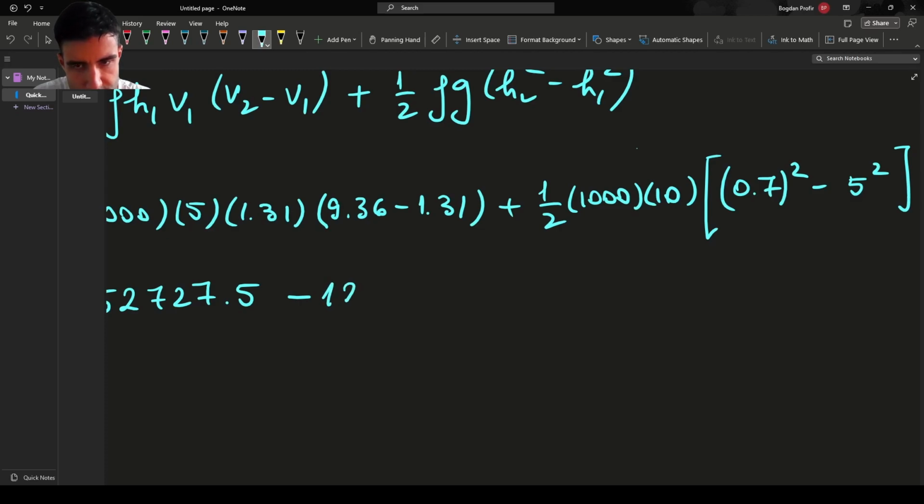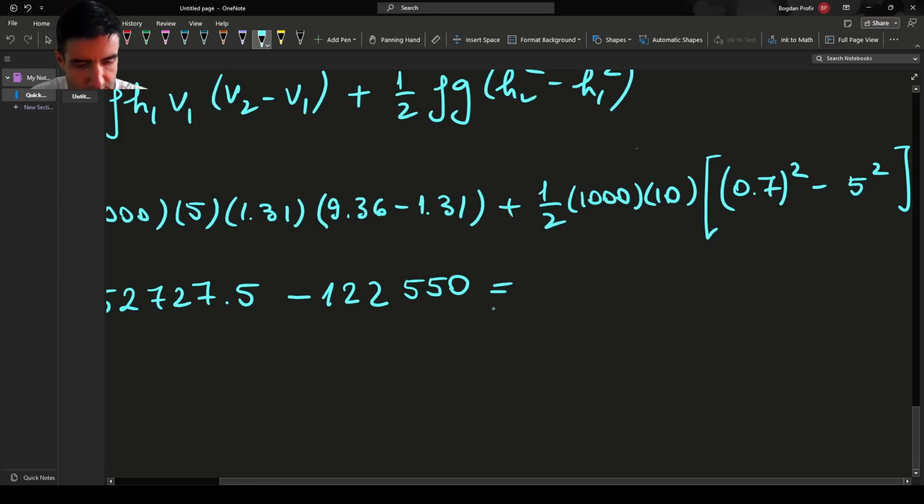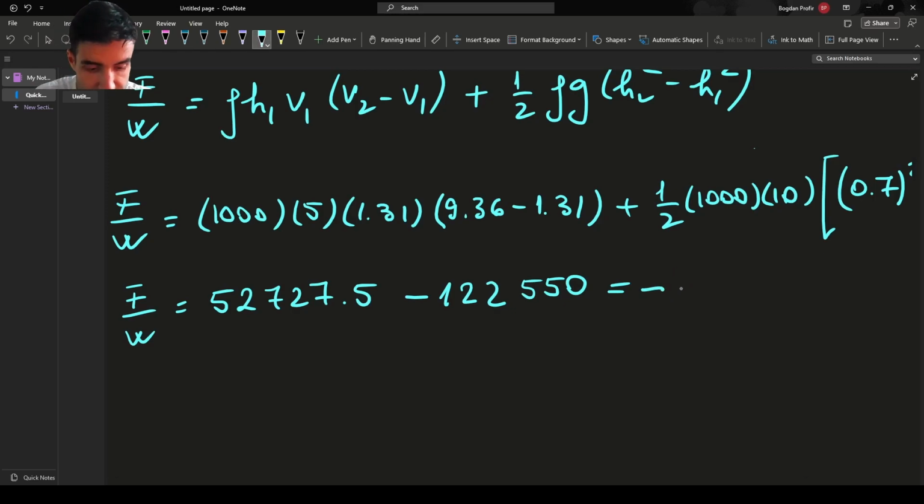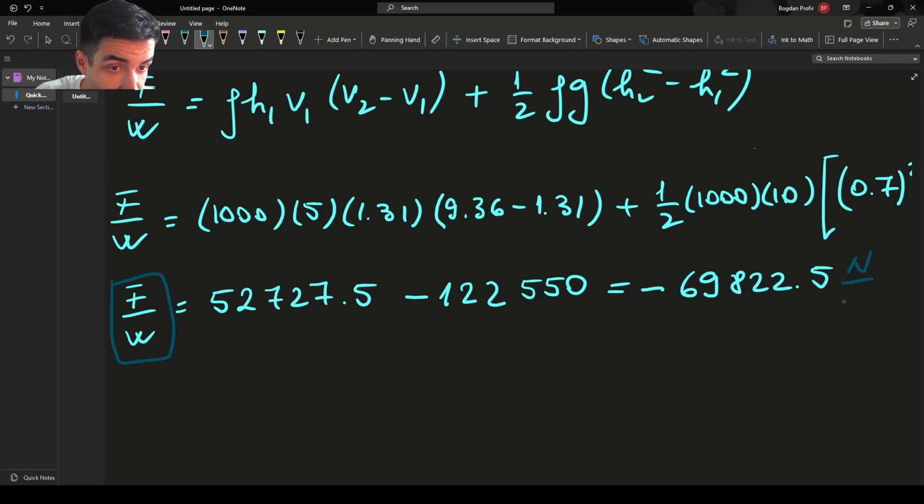This is minus 122,550. Pretty big numbers. And finally, we're gonna get 52,727.5. So the answer is gonna be negative, and it's gonna be 69,822.5. Remember, those are not newtons, because this is a force per width. Those are newtons per meter, and it's negative.